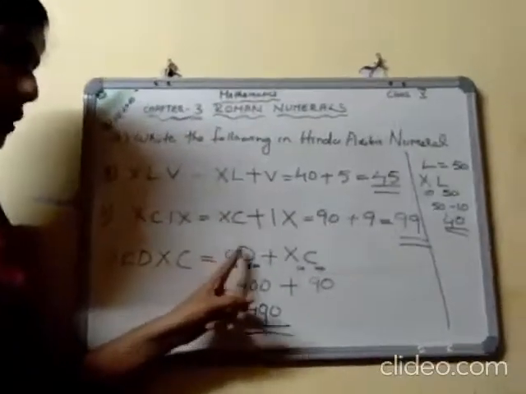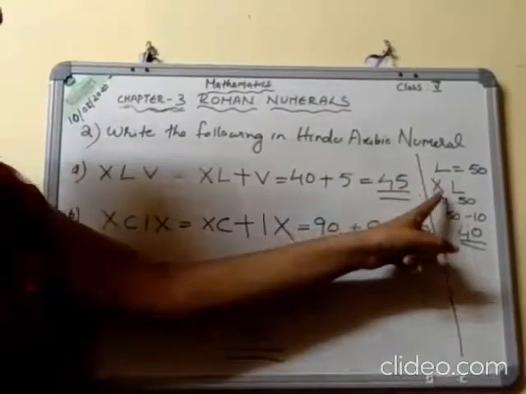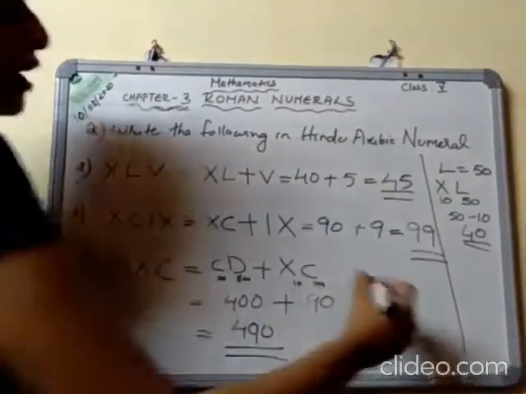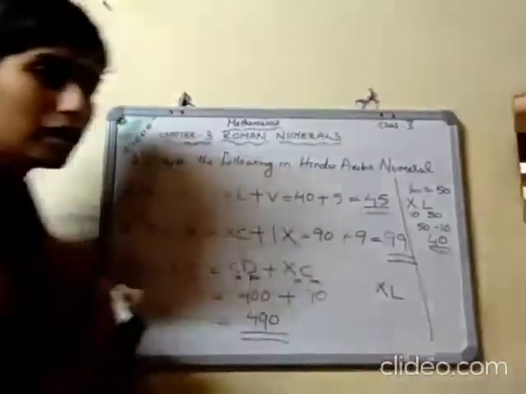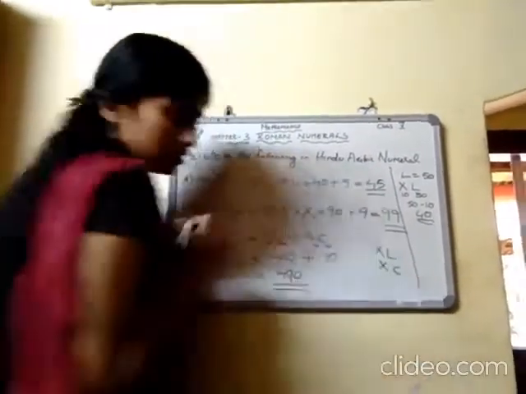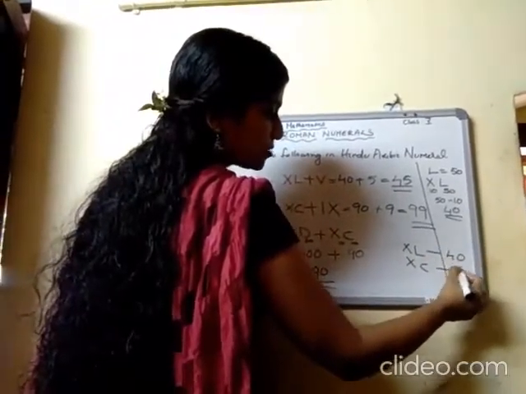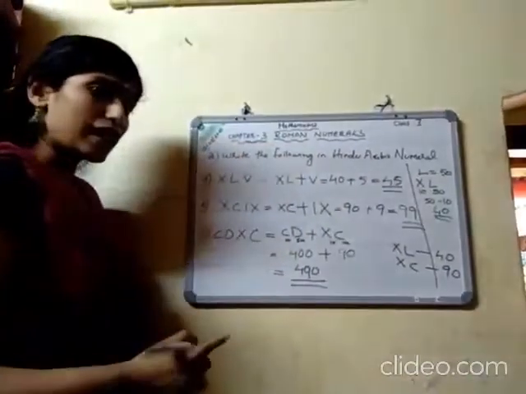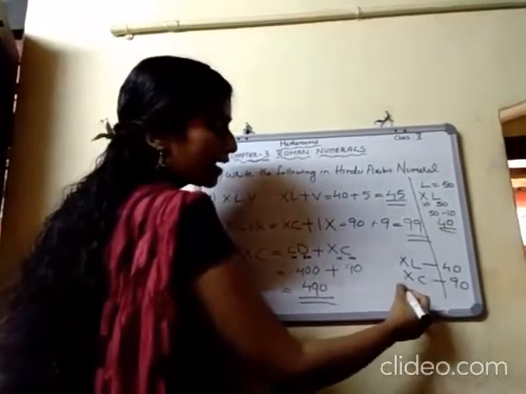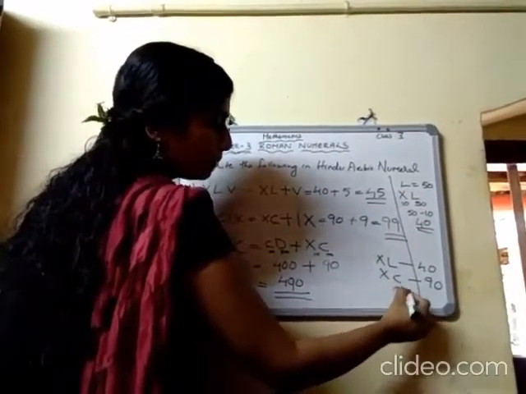So you have to study this representation. It is given in the table. See, for representing 40, we write XL. For representing 90, what will we write? XC. This is a representation of 40. This is a representation of 90. So can you tell what is the representation of 900? 1000 minus 100.